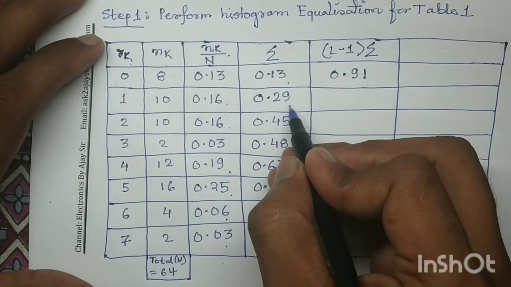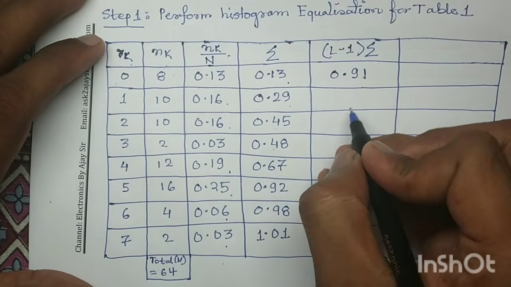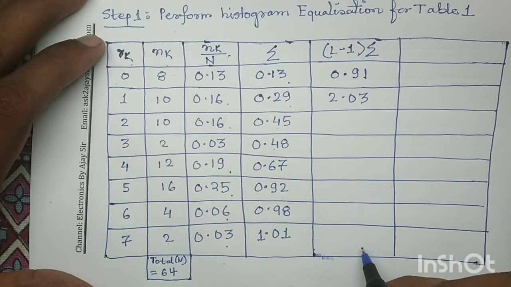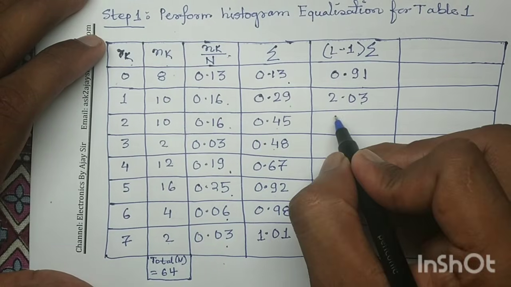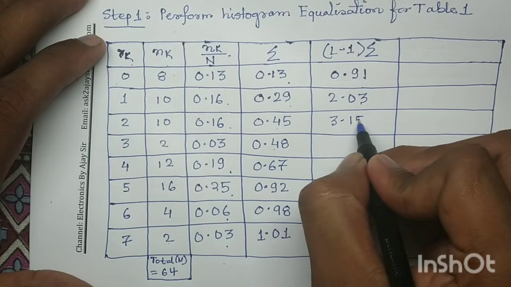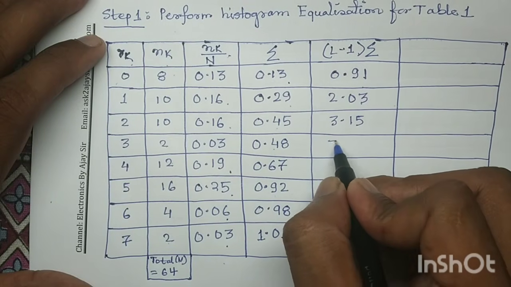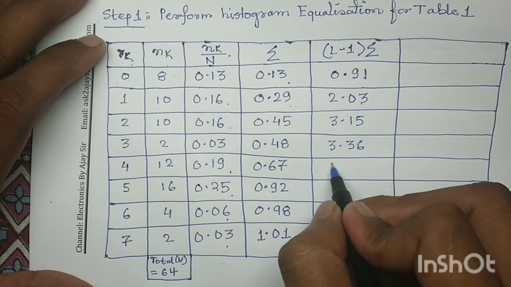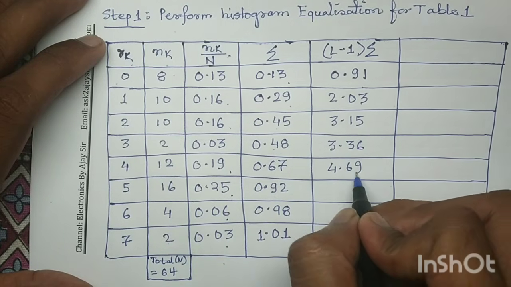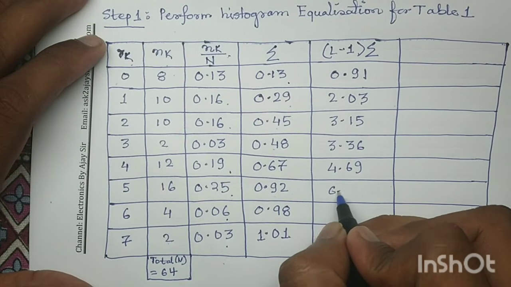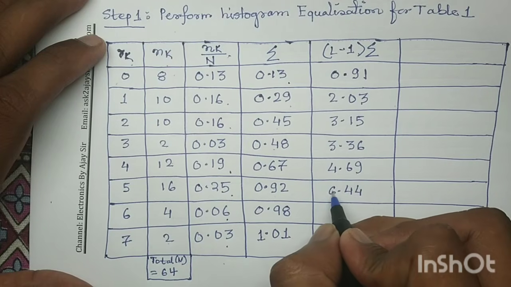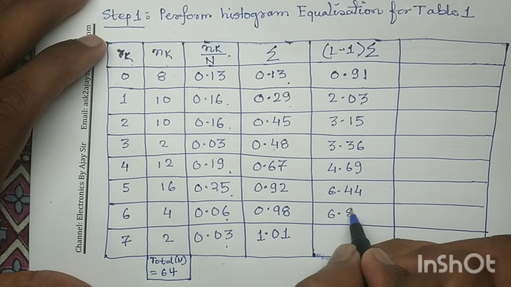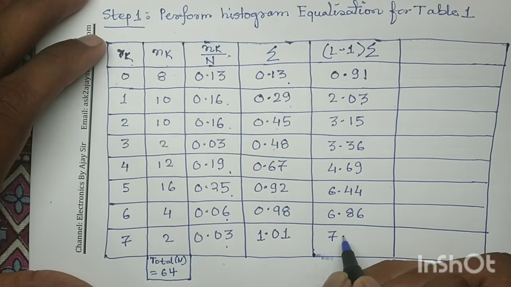Next, 7 multiplied by 0.29 is 2.03. And similarly, if you determine for the others up to 2 decimal places, the results are 3.15, 3.36, 4.69, 6.44, 6.86, and 7.07.